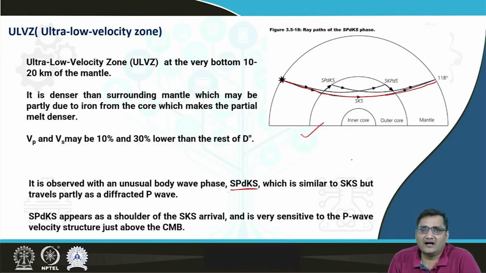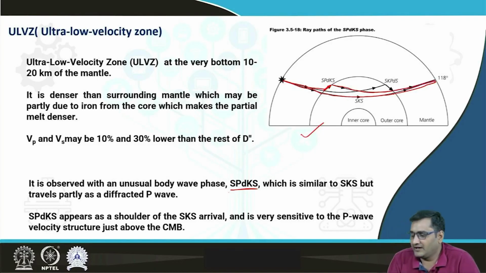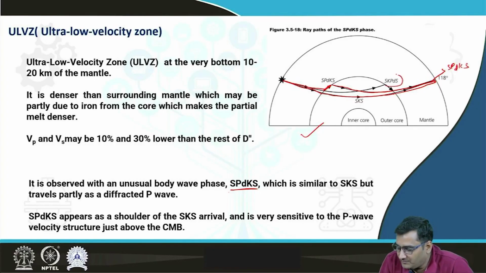But to find the ultra low velocity zone, which is considered to be sensitive to the P wave velocity structure just above the core mantle boundary, these waves go as S and then diffract around the outer core as P wave, then enter the outer core as K wave and come out of the outer core as S wave. So that is why this is termed the SPdKS phase. Likewise, there is another phase, SKPdS, which has the diffraction from underneath.